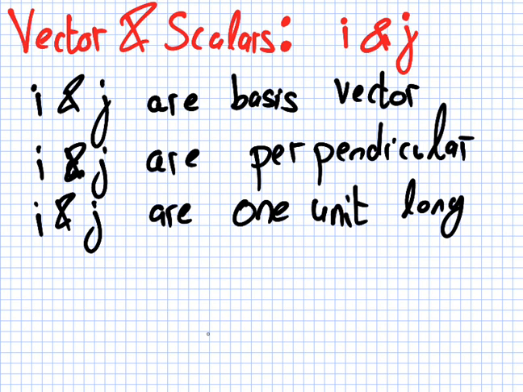So what we do is, this here we call I, and then this here we call J. So that's I and J. So I and J are very useful for us.